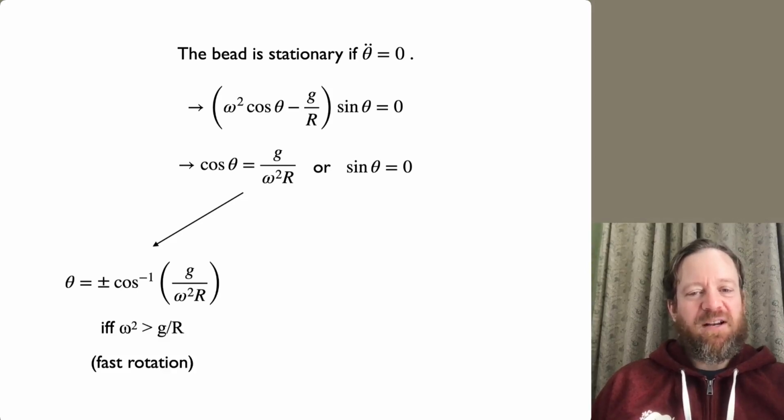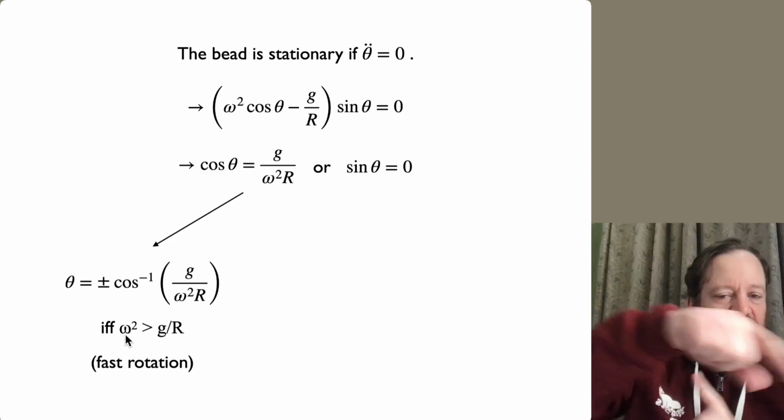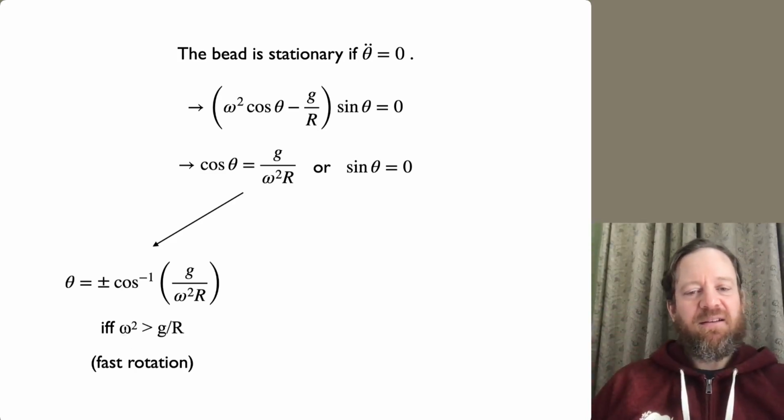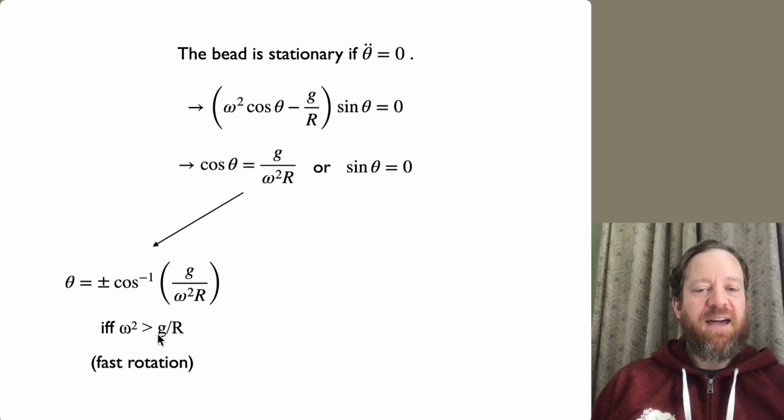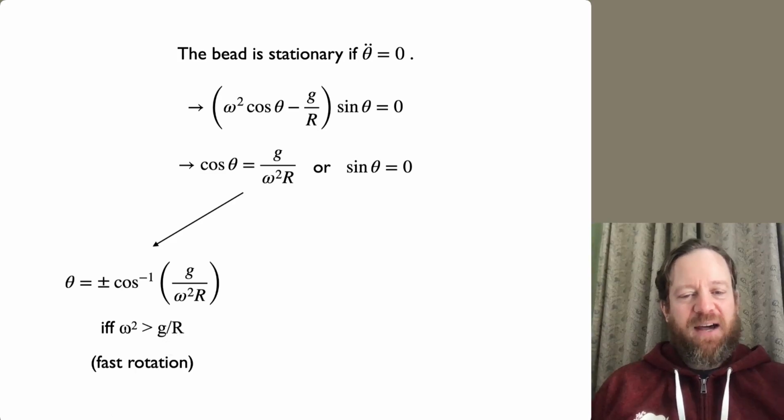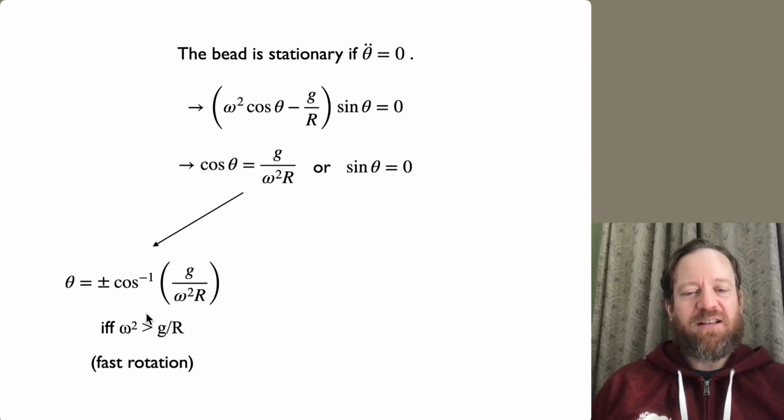So what we can say here is that the solution only holds if the angular speed, in other words, the speed at which our hoop is rotating, when squared, is greater than g divided by r. So this would be the case of fast rotation. So g over r provides a lower limit for where this particular solution holds. The solution will hold for any rotation rates of our hoop faster than that. So omega squared will have to be larger than g divided by r. So this will be fast rotation.